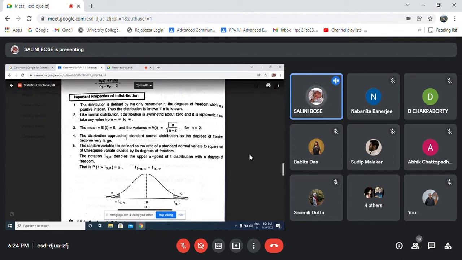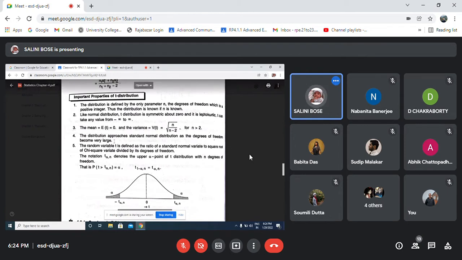And the distribution approaches the standard normal distribution as the degrees of freedom become very large.